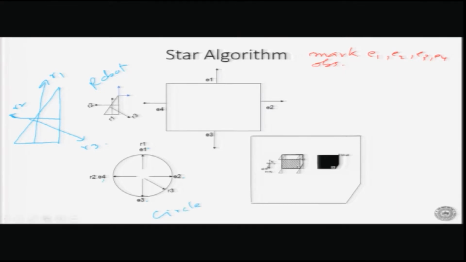Now, if you note, because R1 and R2 are perpendicular to the axis, they will be aligned with the normals of the object. You can look at R2 is aligned with E4 and R1 is aligned with E1. That means there is no angle or no inclined surface here.